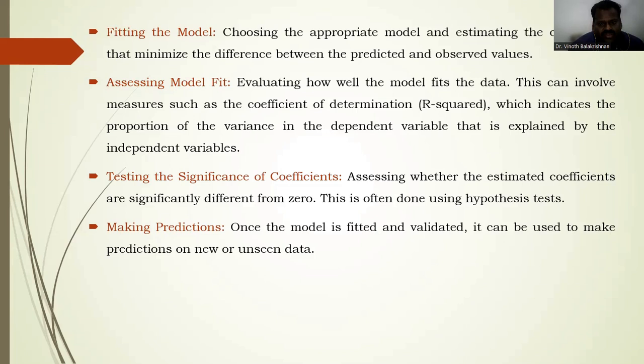You can use a t-test as well. The next step is how to make predictions. Once we have fitted and validated our model, we can go for predictions for new values or unseen data.